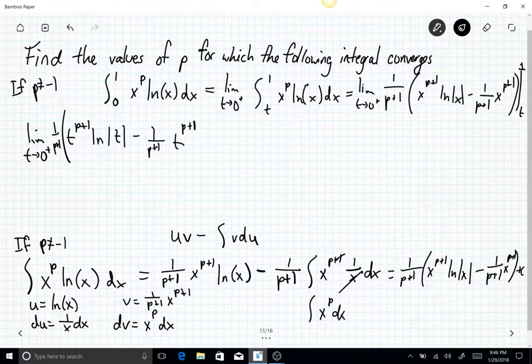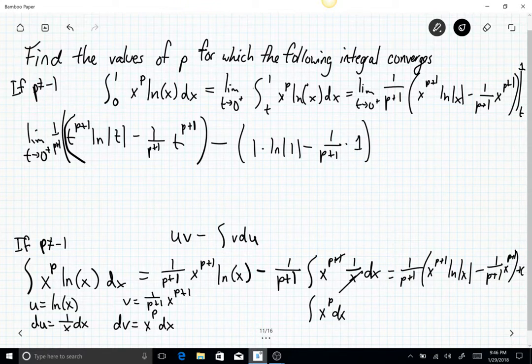Okay? Then, after that, we've got to subtract off, and we're going to put in a whole bunch of 1s. So this would be 1 to the p plus 1, which is this 1, times natural log of 1, which is going to be 0, minus 1 over p plus 1 times 1. Okay. So hopefully that works for you thus far.